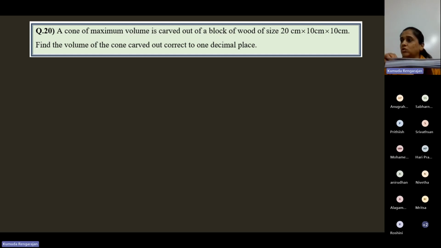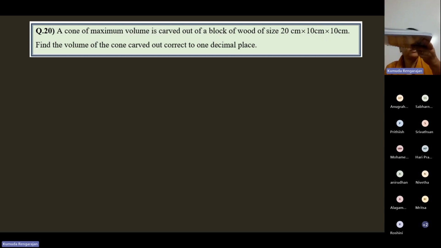Now, how can you remove the cone? When you're removing the cone, you will be using the opposite faces. If the apex of the cone comes from here, the base of the cone will come out like this.